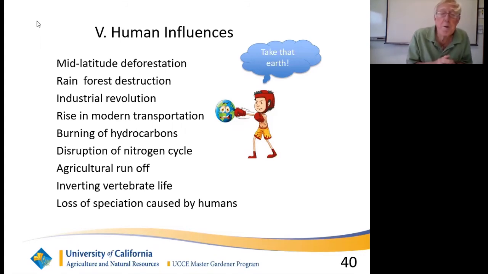Something about the disruption of the nitrogen cycle. We've been talking about the disruption of the carbon cycle through the disruption of the rock cycle, which again is a mechanism the Earth has to maintain carbon dioxide balance. But we've also disrupted something called the nitrogen cycle, and that's through the development of chemical fertilizers.